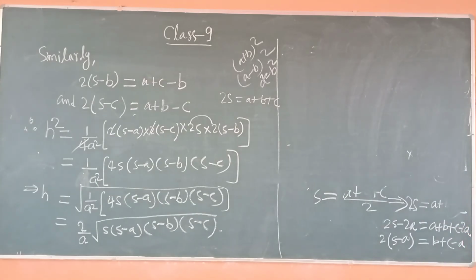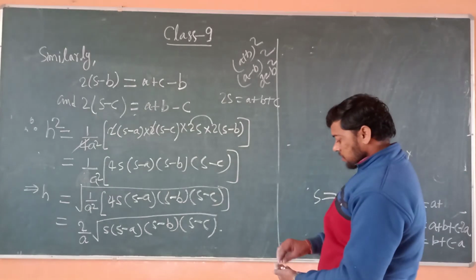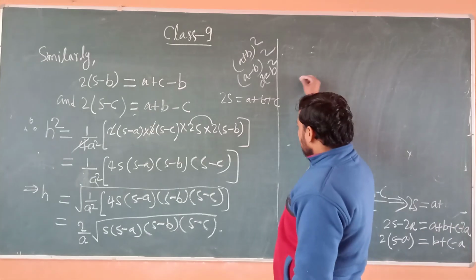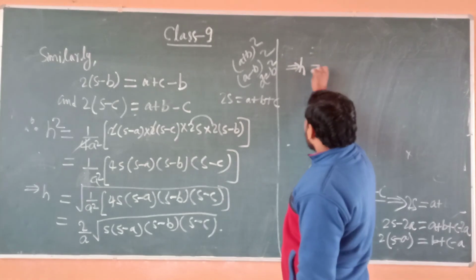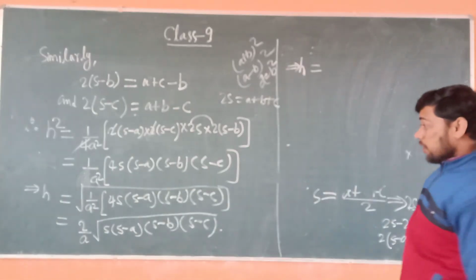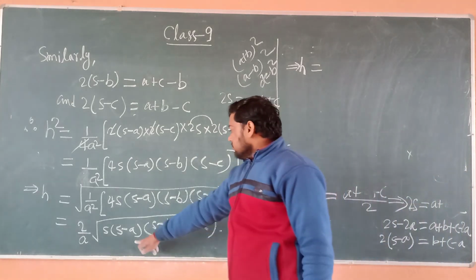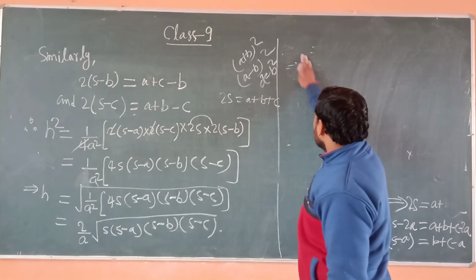So we want to learn the derivation of the formula, which implies that h is equal to 2 upon a into under root s into s minus a into s minus b into s minus c.